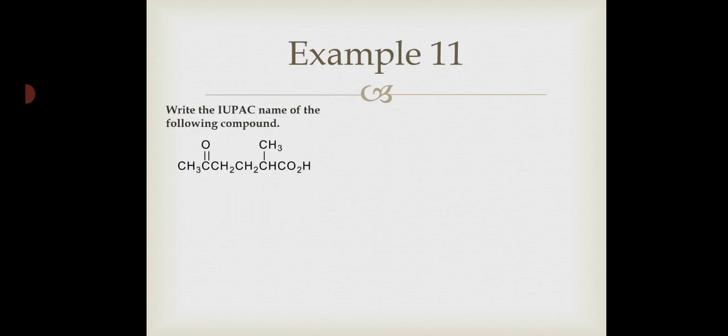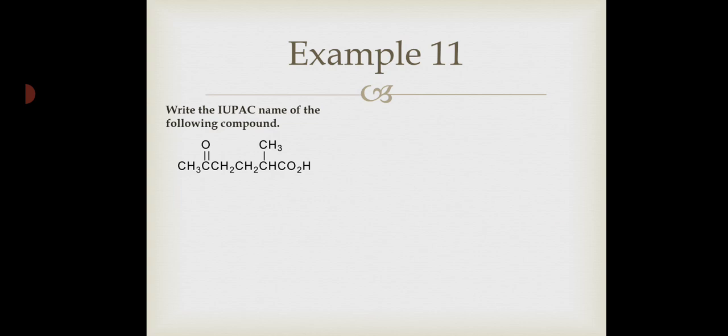Next example. Write the IUPAC name of the following compound. I hope this is easy for you. Do it yourself. By this time we have done enough examples. So pause the video, solve it, and then check with the video whether your answer is correct or not. Here also there are two functional groups, ketone and carboxylic acid.